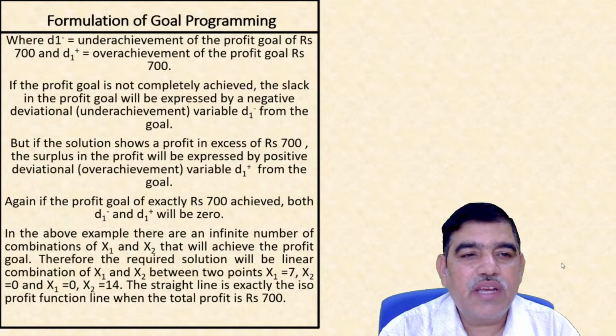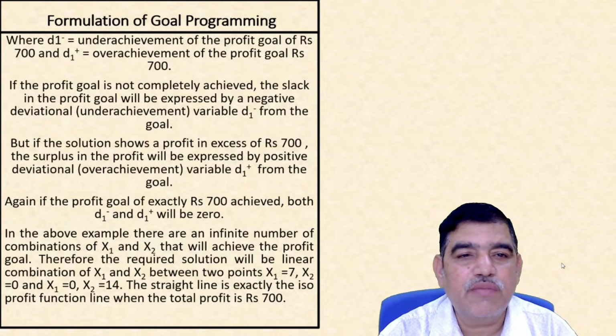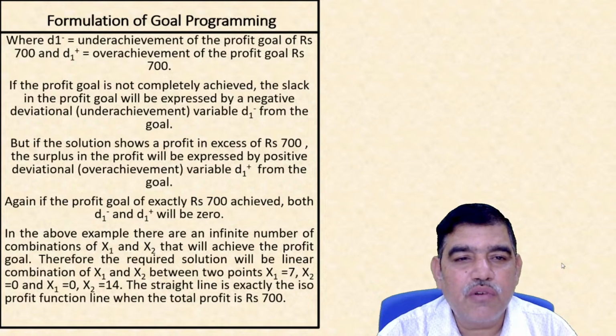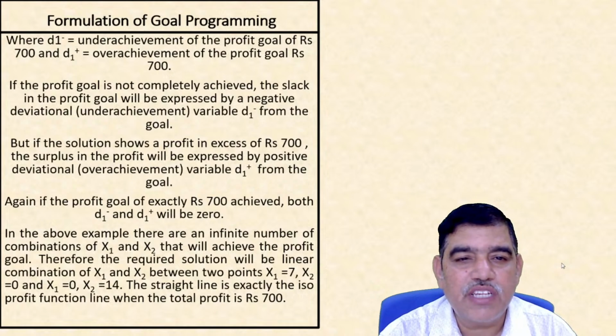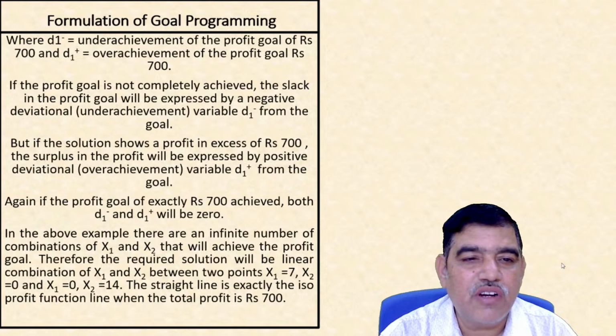When d1 negative equals the underachievement of the profit goal of rupees 700 and d1 plus is the overachievement of the profit goal of rupees 700, then if the profit goal is not completely achieved, the slack in the profit goal will be expressed by a negative deviational variable, known as your underachievement variable d1 negative, from the goal, that is below the line.